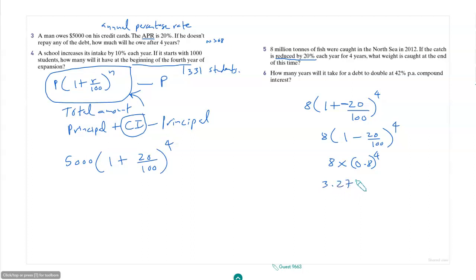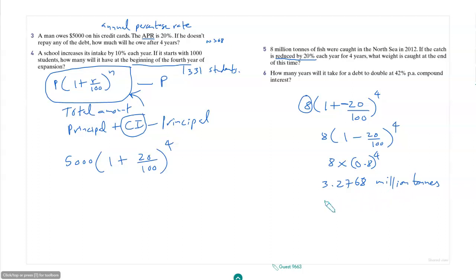3.2768. Right? Yes. So this many, what is the unit? Ton. What was the unit of 8? Million tons. So this many million tons. So how many tons is that?